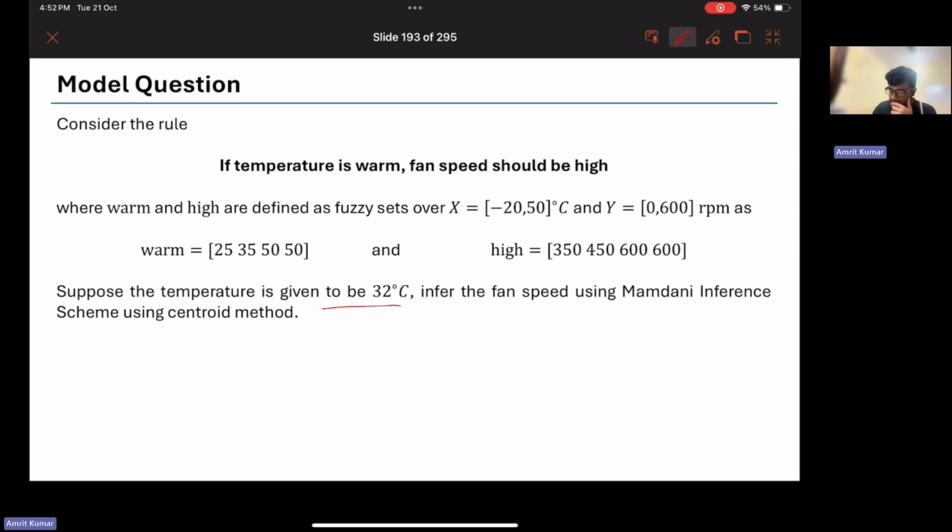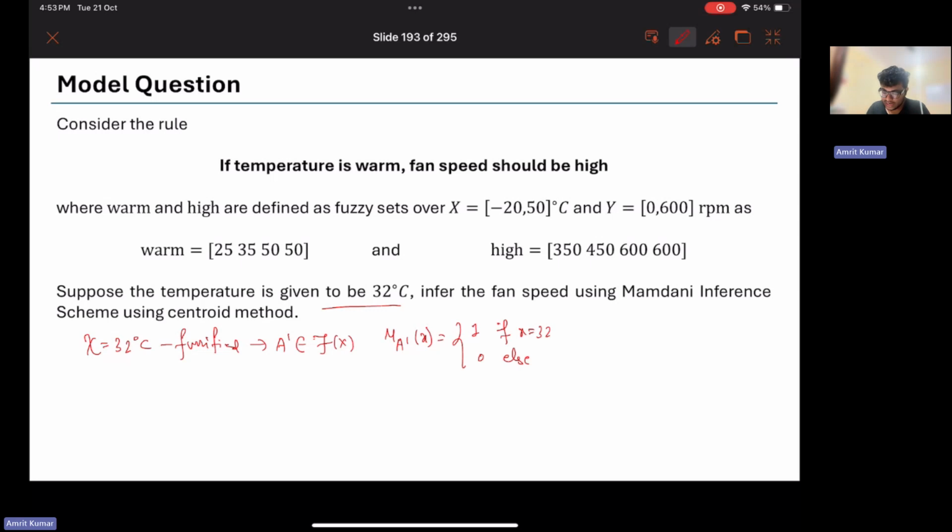Okay, so this input of 32 degrees centigrade is fuzzified. Nothing is given, so we'll do singleton fuzzification. This will be 1 when x equals 32, and everywhere else it is equal to 0, right?